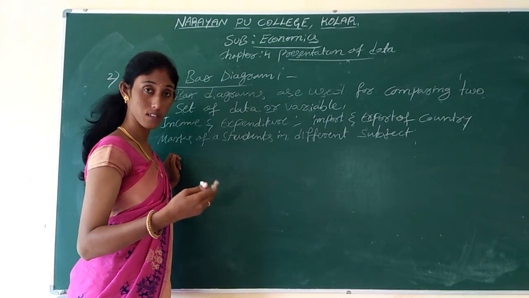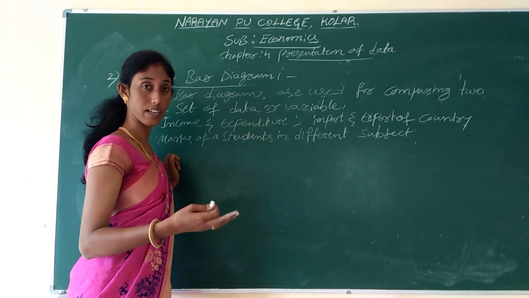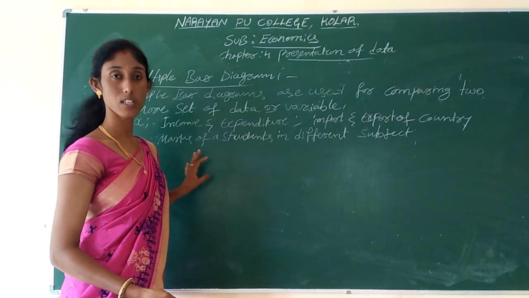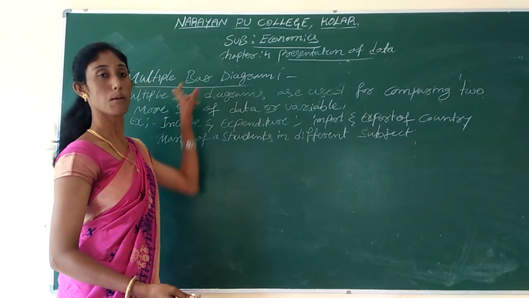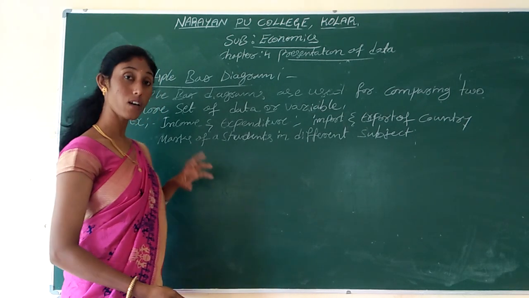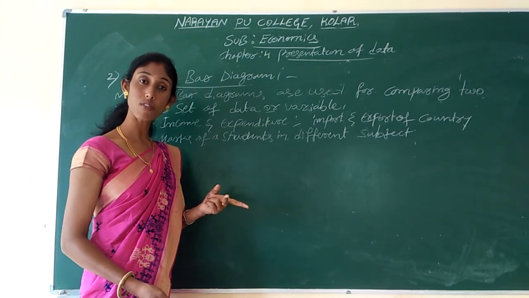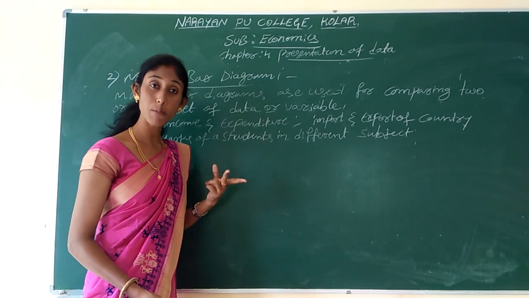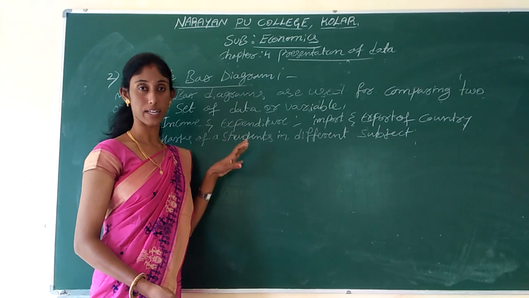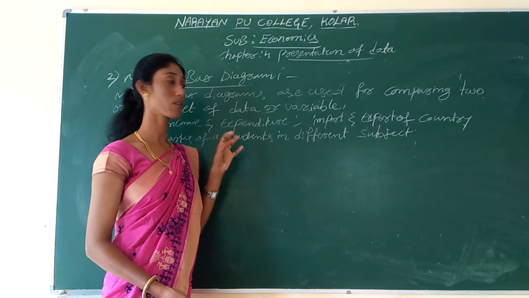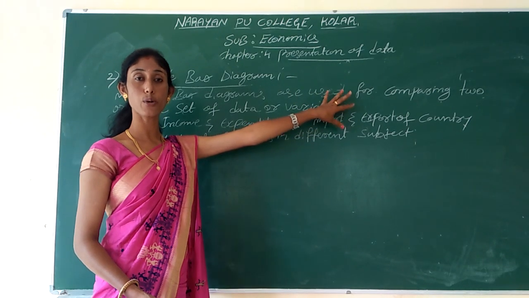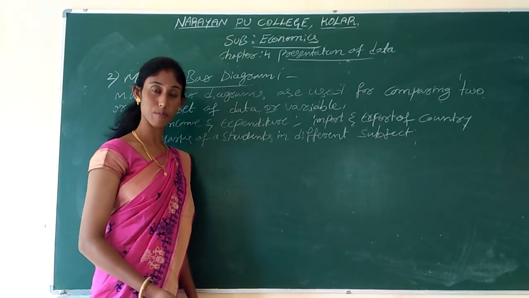If we want to present more than two variables or sets of data, then a multiple bar diagram is more suitable. Understood, right? When we have two or more sets of data or variables, we should use a multiple bar diagram. That's why multiple bar diagrams are most useful when we have to compare two or more sets of data.